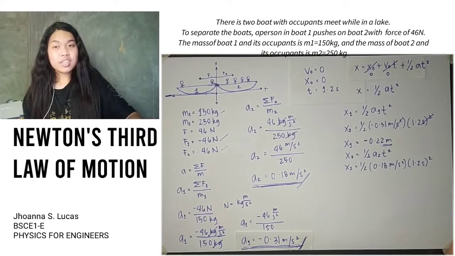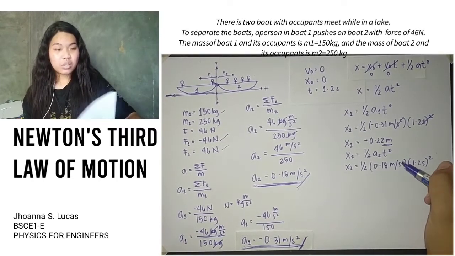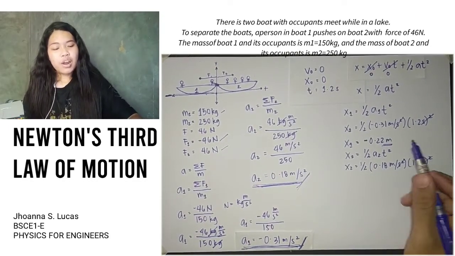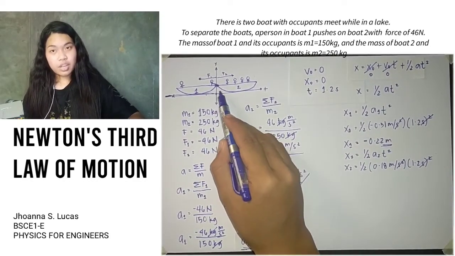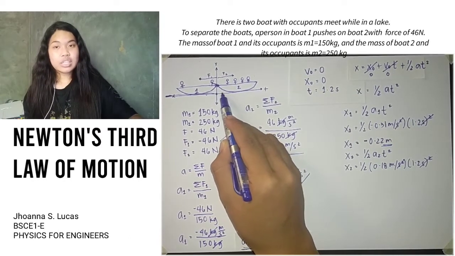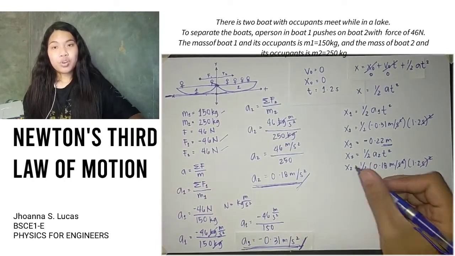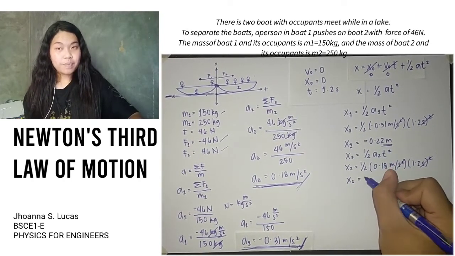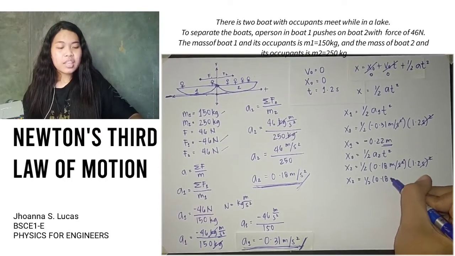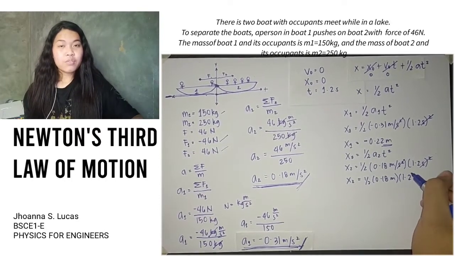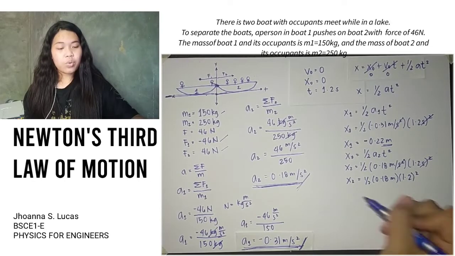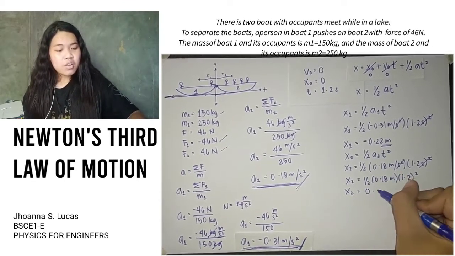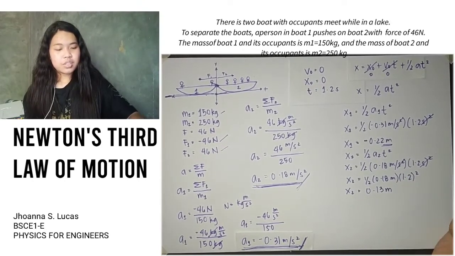Since we have here seconds squared and here is also seconds squared, we will cancel it for us to have meters for our unit, since this is, like what I've said, the distance from the origin. So x sub 2 is equal to 1/2 times 0.18 times 1.2 squared. So our x sub 2 is 0.13 meters.